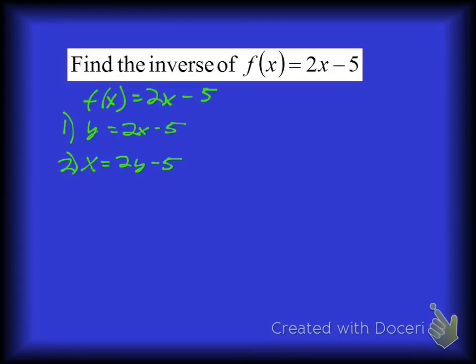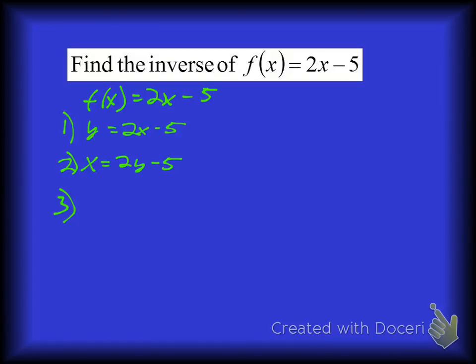Now, step 3 is solve for y. And that could take more than one step. It just depends on what kind of equation you got. But you need to solve for y, which means get y by itself. So the first step to get x equals 2y minus 5 by itself is what?